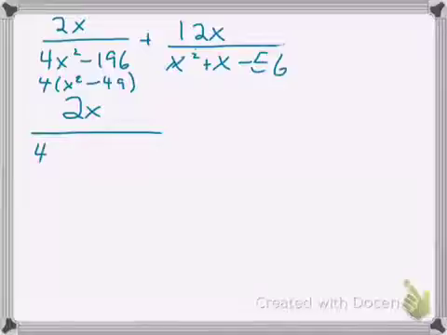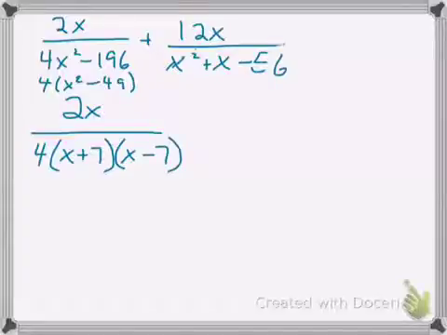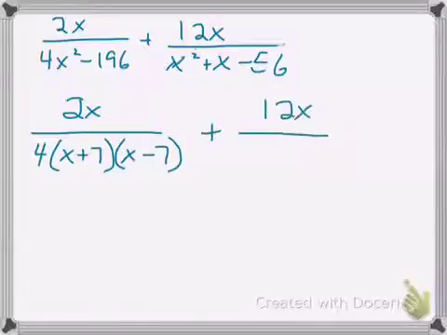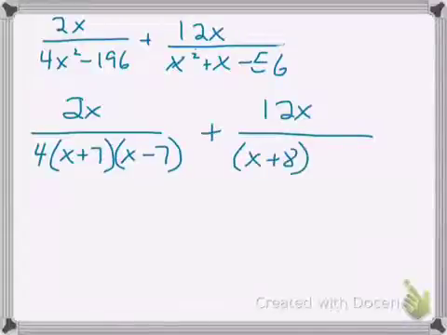It factors as the difference of squares: x plus 7 times x minus 7. And my denominator on the right will factor as x plus 8 times x minus 7.